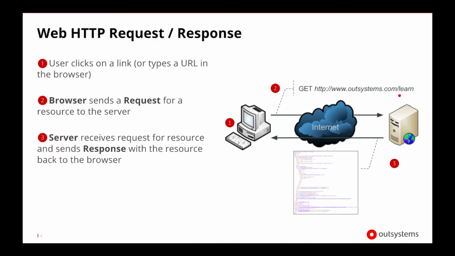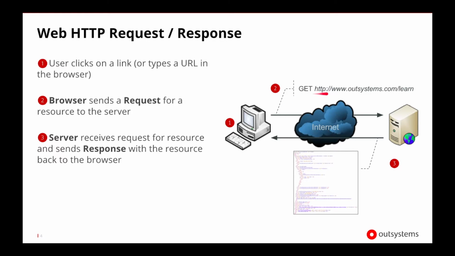The server receives a request for that resource and then sends an appropriate response with the resource back to the browser. Typically, this first response is HTML, which may include references to other files, such as images, CSS, JavaScript, and so on. And if it does, the browser repeats this process.